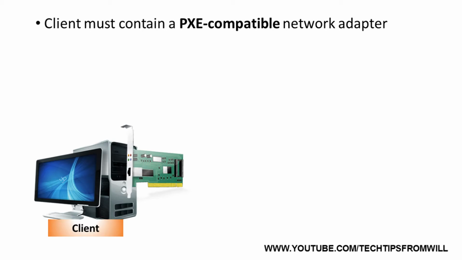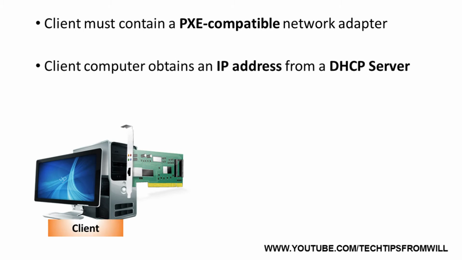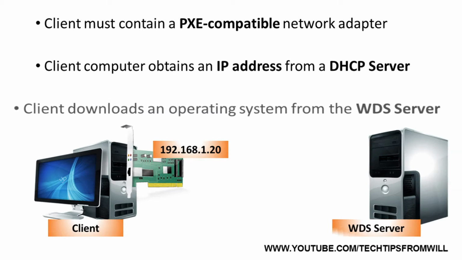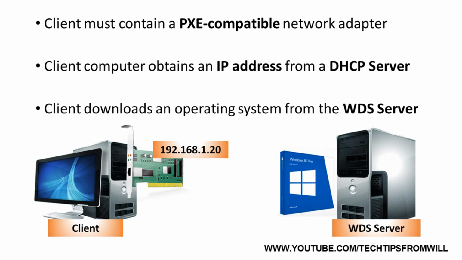PXE, or Pre-Boot Execution Environment, is a technology built into most modern network adapters. PXE allows a client computer without an operating system to obtain an IP address from a DHCP server, join the network, and then download and install a Windows operating system from the WDS server.